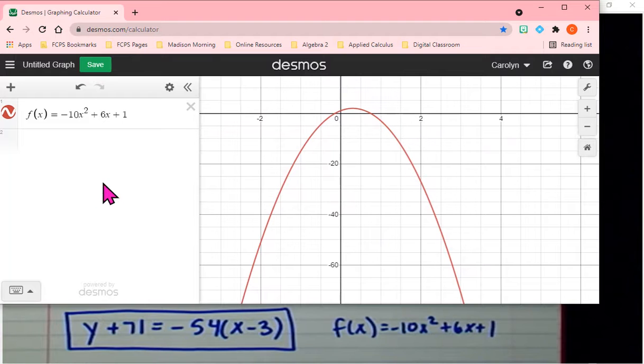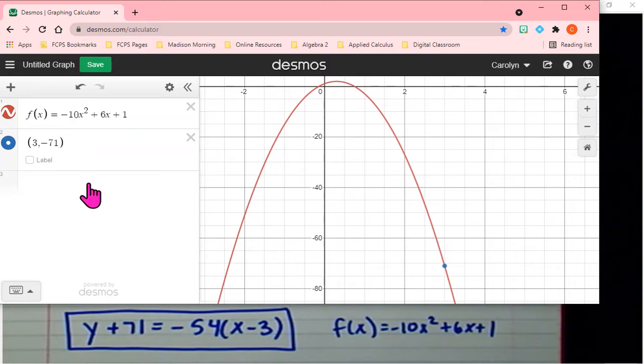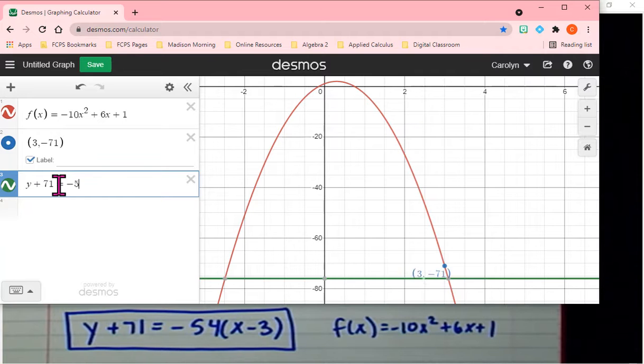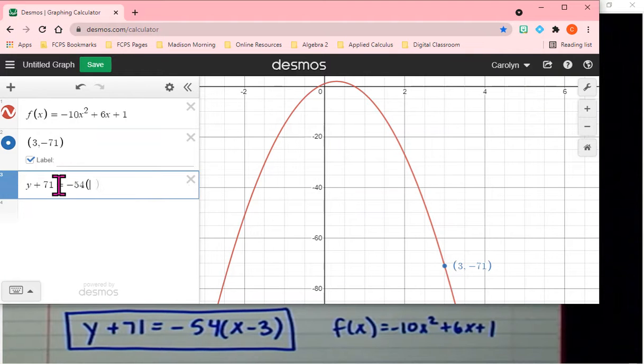Let's try the point 3 comma negative 71. Oh, look, the point is actually on the graph. That's good. Now I can even click label. Now I'm going to write the equation of the tangent line: y plus 71 equals negative 54, parentheses, x minus 3.